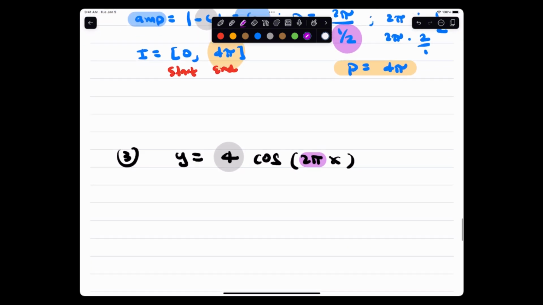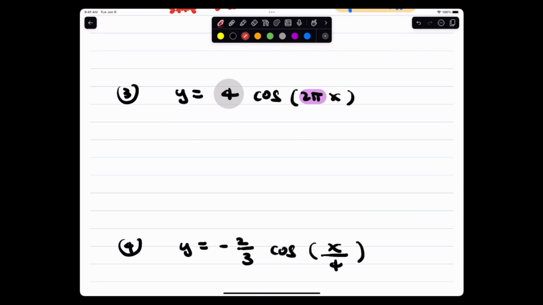Okay. Well, here's A. Here's K. So our amplitude, the absolute value of A, which is 4. What's the absolute value of 4? It's 4.